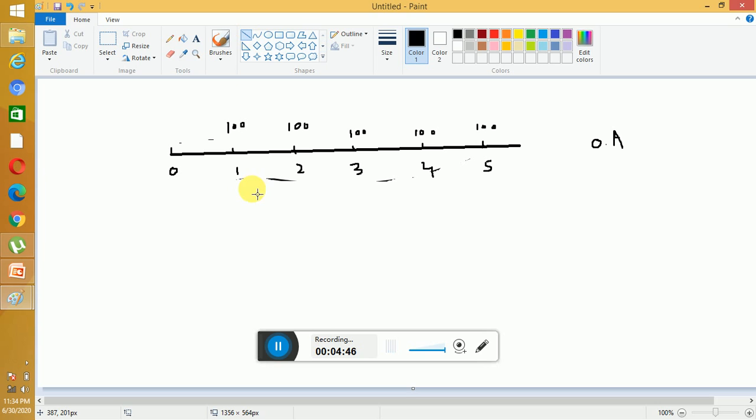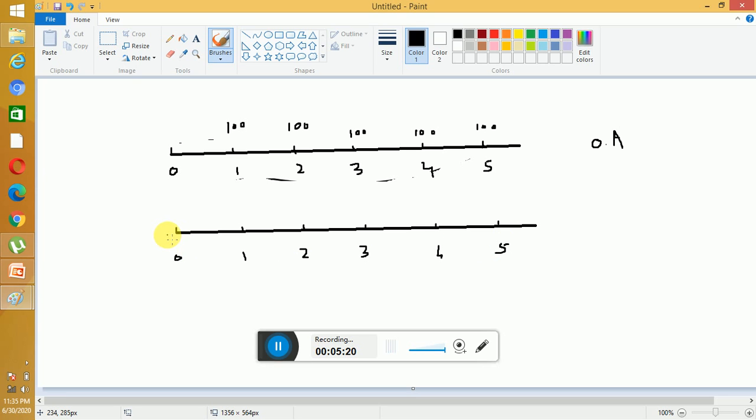Now in annuity due, the thing is changed. Again periods 0, 1, 2, 3, 4 and 5. Now see, in annuity due, we are making payment at the beginning of the period.